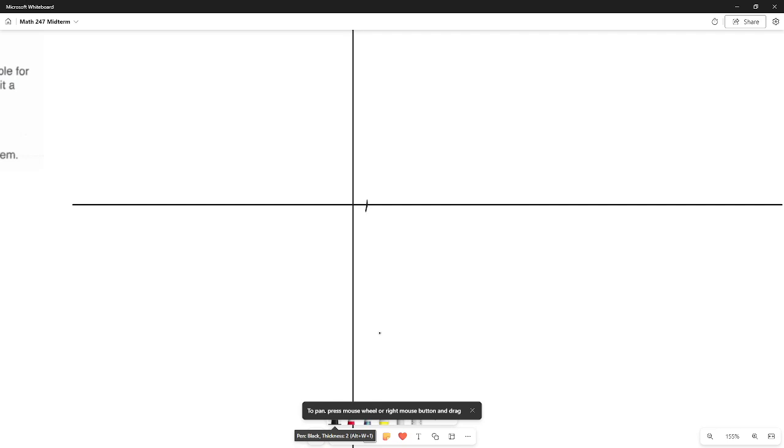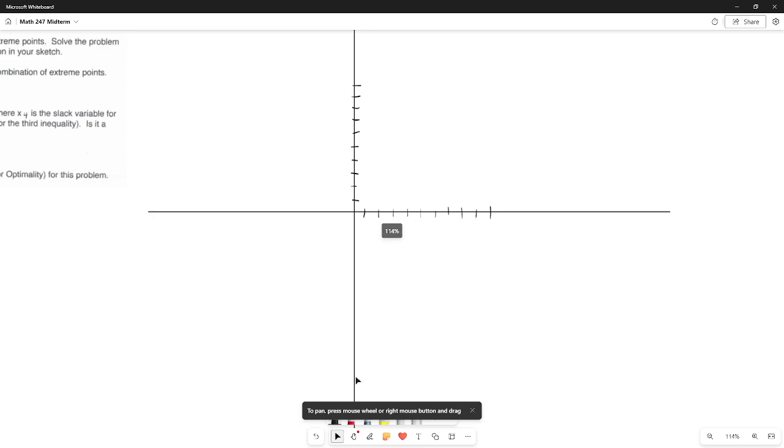So this could be 1, 2, 3, 4, 5, 6, 7, 8, 9, 10. Obviously, this is very rough. You could probably do better if it's on paper with the ruler. All right, I'll just stick with that for now.